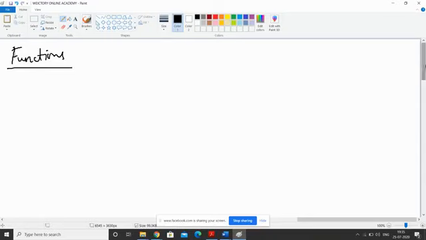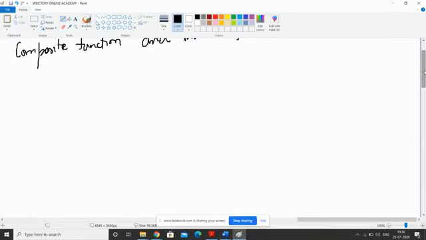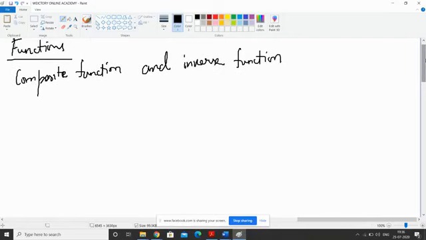In the IGCSE exam, mostly questions on this particular topic come from composite function and inverse function. But before I explain composite function and inverse function, I will quickly explain what a function does, what it means, and how it works.